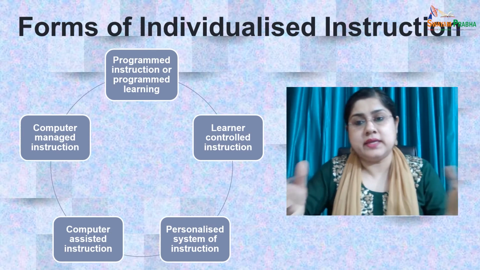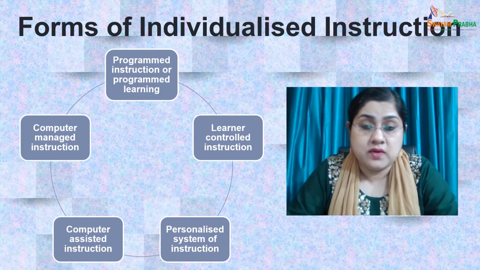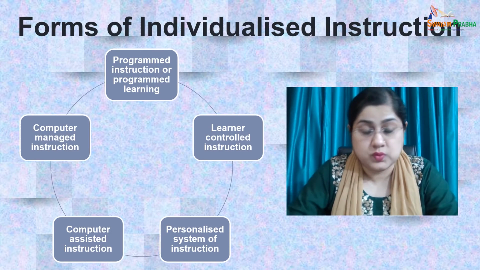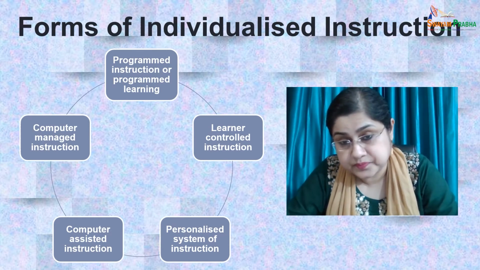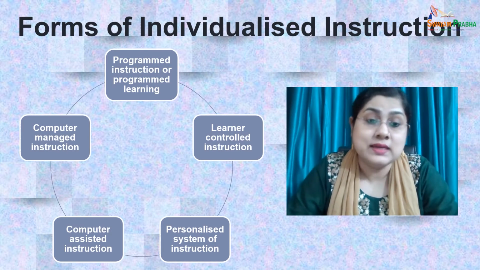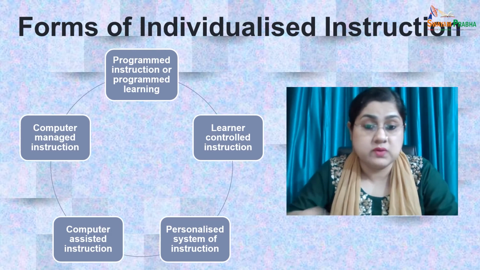What exactly are the outcomes of those particular researches? We can just list out a few, like the programmed instruction or programmed learning is one of those. Then the learner controlled instruction or LCI, on which this particular session is based.